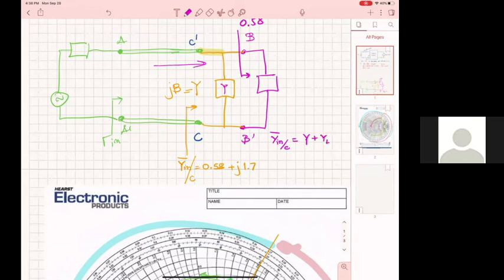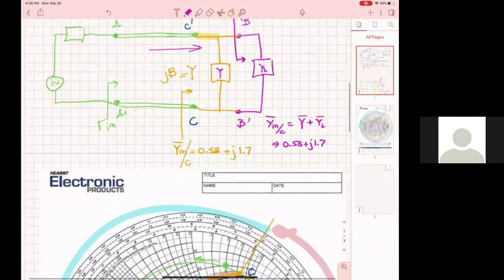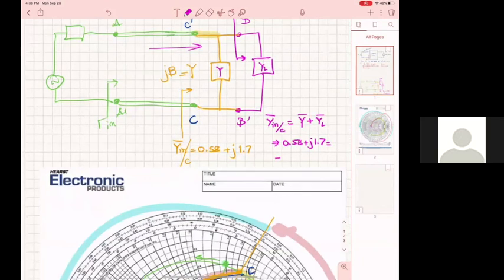Do you agree? Yes. All right, this is YL. So practically, I know my Y in C is 0.58 plus j1.7, and I know my YL is 0.58. So that tells me the Y has to be j1.7.